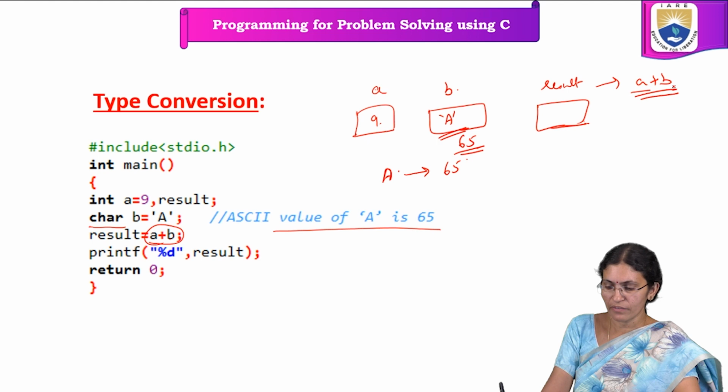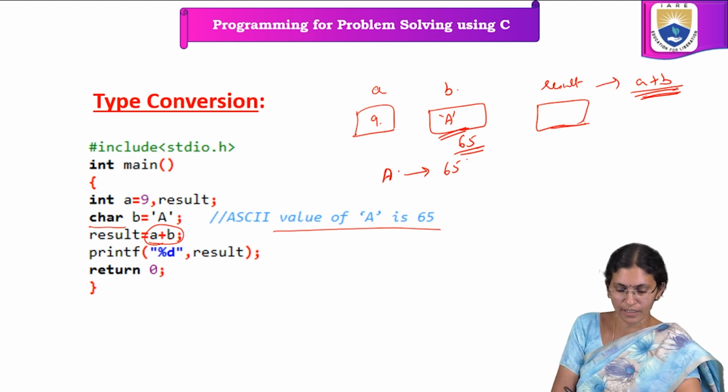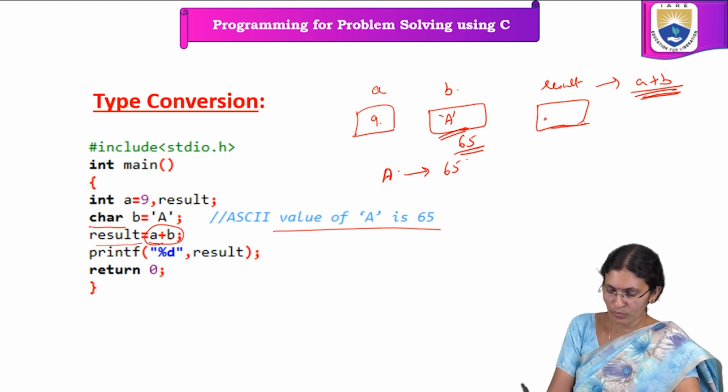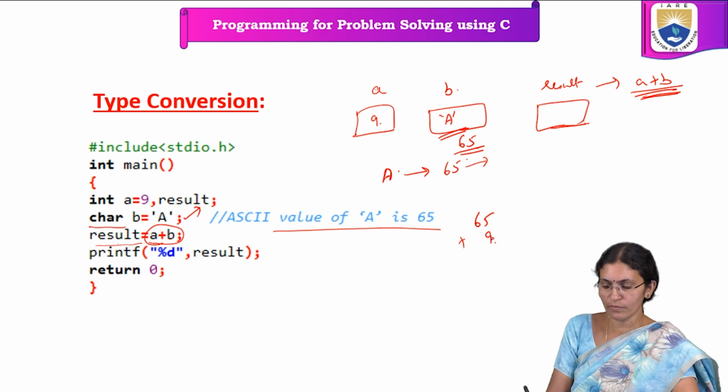Now when we perform the operation a plus b, and assign the value of a plus b to the result, and by using the printf statement we print the value of result, the output will be 65 plus 9, because this character value is converted to its corresponding ASCII value. The ASCII value of 'A' is 65 and a we have assigned a value of 9.